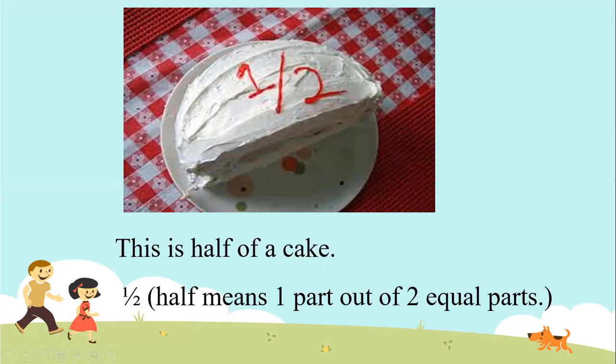So if you look at the cake carefully, you notice we have a 1, then we have a dash and 2. 1 over 2. That is how we write the fraction a half. So a half means one part out of two equal parts.